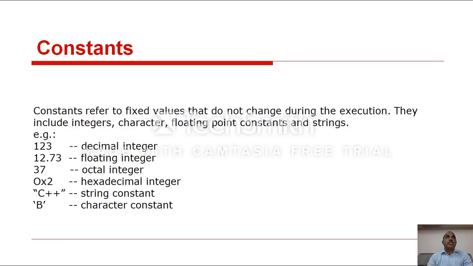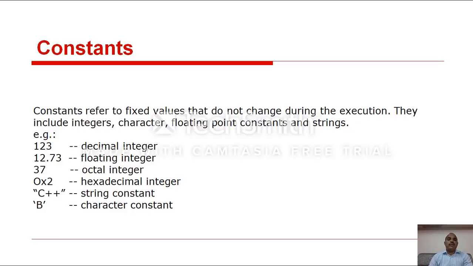Next one is constants. We know constants are mainly divided into two types. The first one is known as numeric constants. Second one is known as non-numeric constants. Numeric constants are two types, integer and real. Then real constants are also divided into two types, float and long float. Non-numeric constants are two types, single character constants and string constants. Clear.